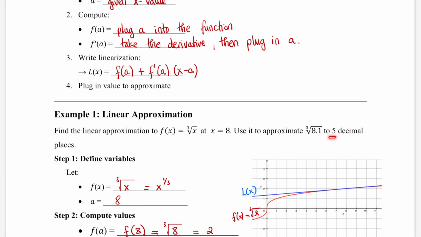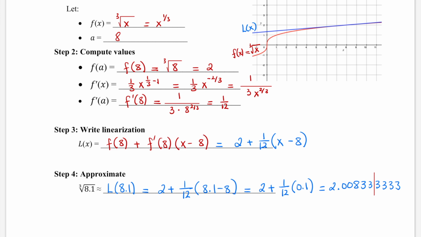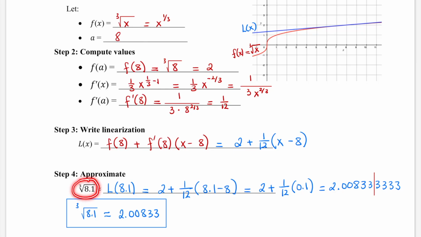The question asked me to round to 5 decimal places. So I have 2.00833. So cube root of 8.1 is approximately 2.00833.